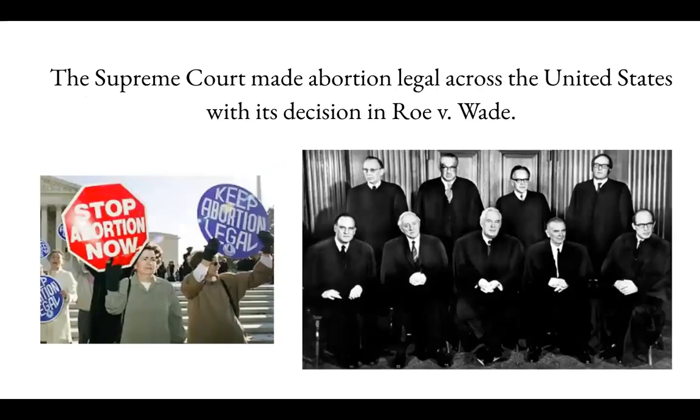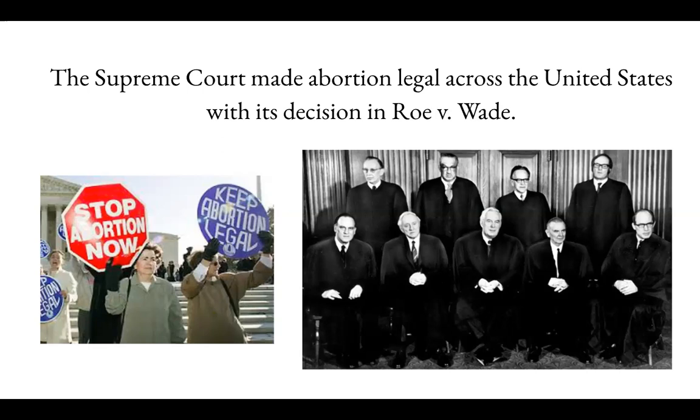Then in 1973, the Supreme Court officially made abortion legal across the United States, made it a federal issue instead of allowing each state to make its own states' rights decision on this. It said that this was a federal right that women have, that it was not something that states could take away.